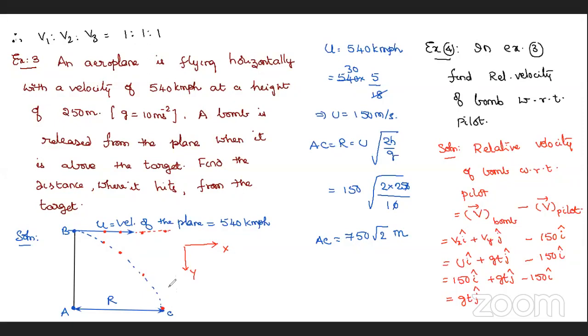Because the bomb is just below the pilot only. Of course, if he focuses more on driving, then he can't see, but if he wants to see the bomb, he can see it.